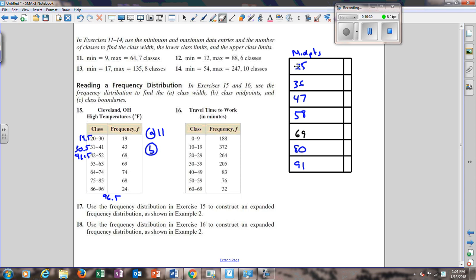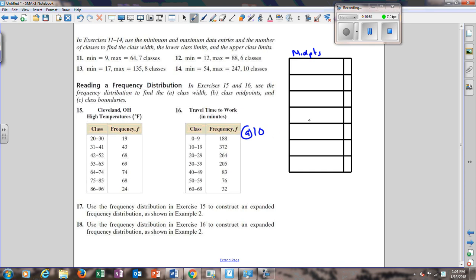All right, number 16. So for number 16, your class width is going to be 10, because it goes from 0 to 9.